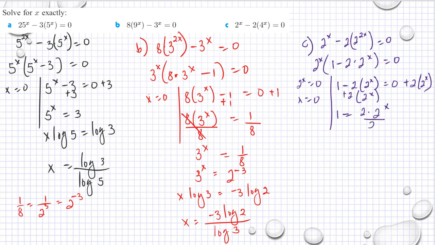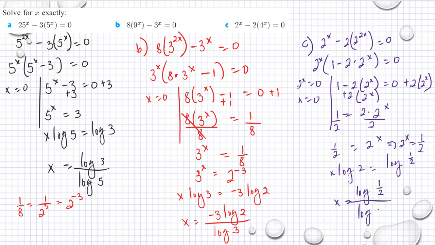If we divide both sides of the equation by 2, then we have 1/2 is equal to 2 raised to x. If we can change, just change. We have 2 raised to x is equal to 1/2. It's easier for us to see. Then we have x times the logarithm of 2 is equal to the logarithm of 1/2, or 0.5 if you want. Then we have our x now. We have the logarithm of 1/2 divided by the logarithm of 2.